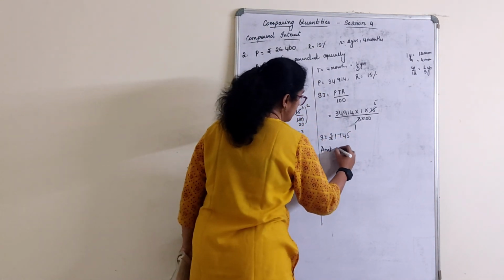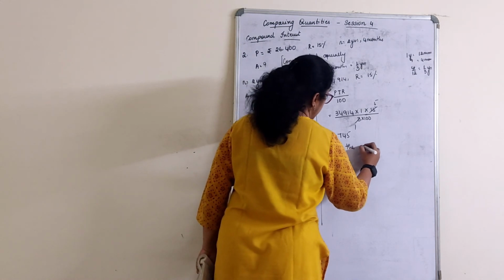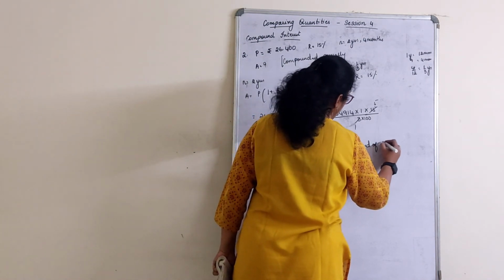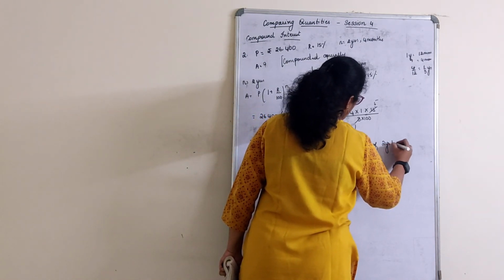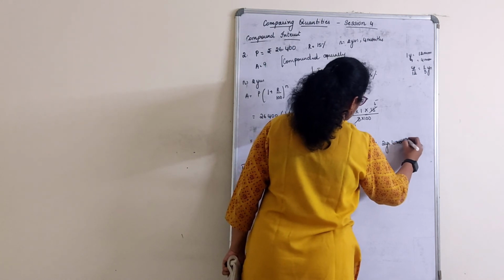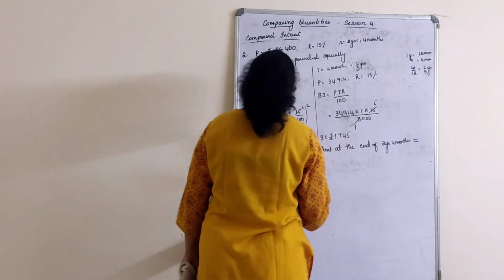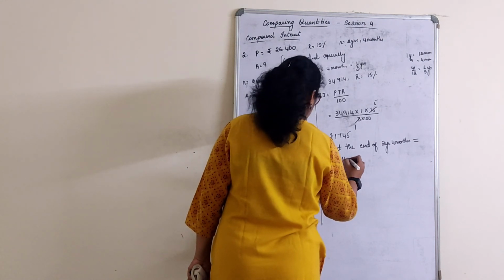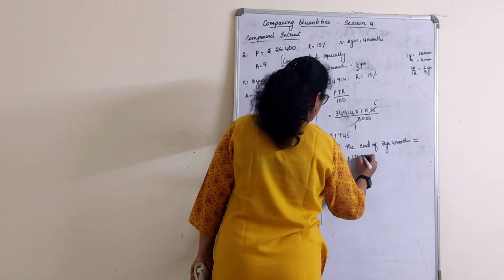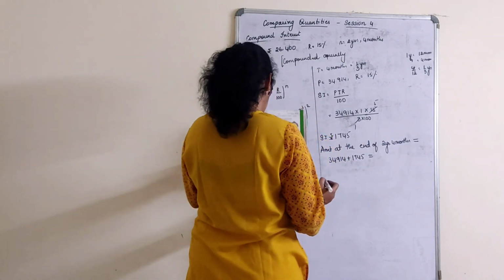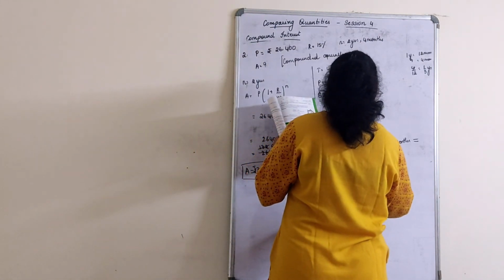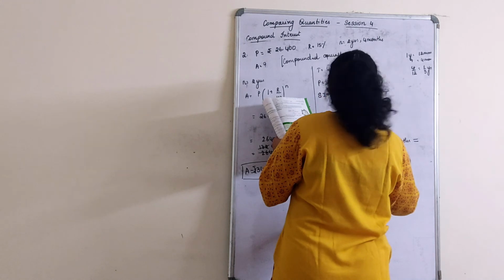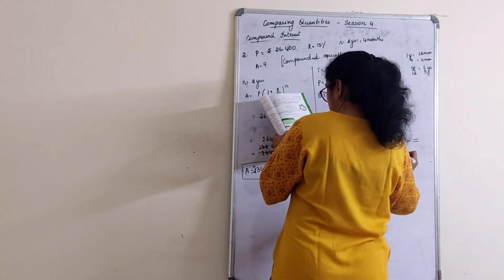Amount at the end of 2 years 4 months is equal to 34,914 plus 1,745. That is equal to 36,659.